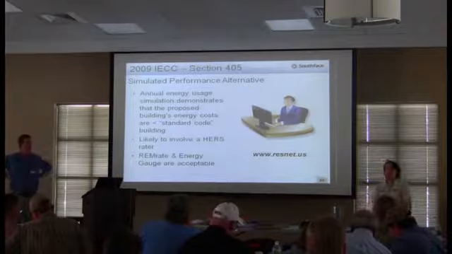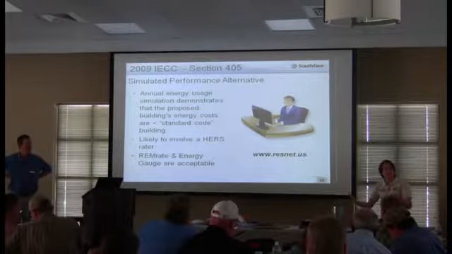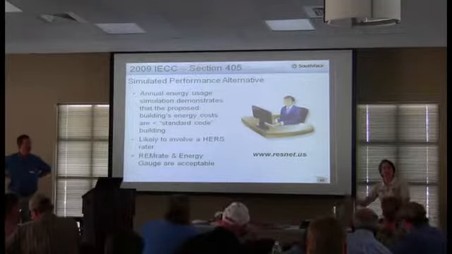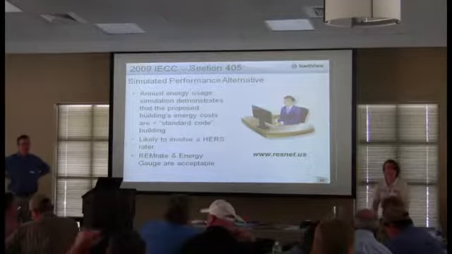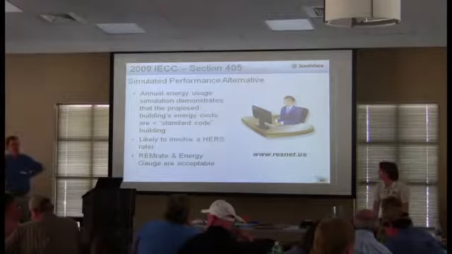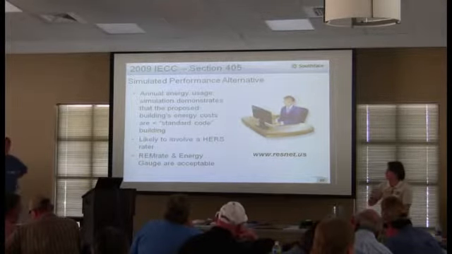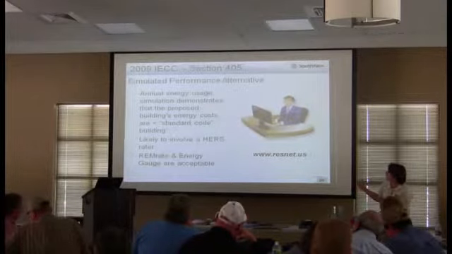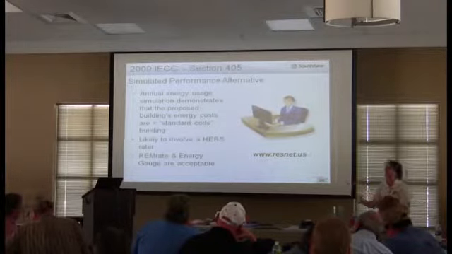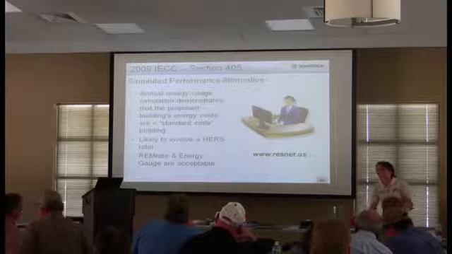But your house might be very smartly built so that you don't have much glazing on your east and west sides and a lot of glazing on your south side. It does an annual simulation, and you have to prove that your energy usage, or the cost of it, isn't going to be more than this standard code home.